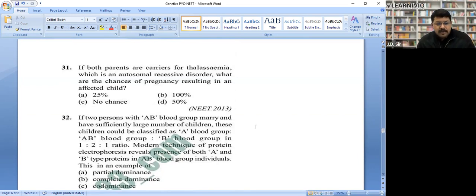If the parents are carriers for thalassemia, which is an autosomal recessive disorder, what are the chances of pregnancy resulting in an affected child?